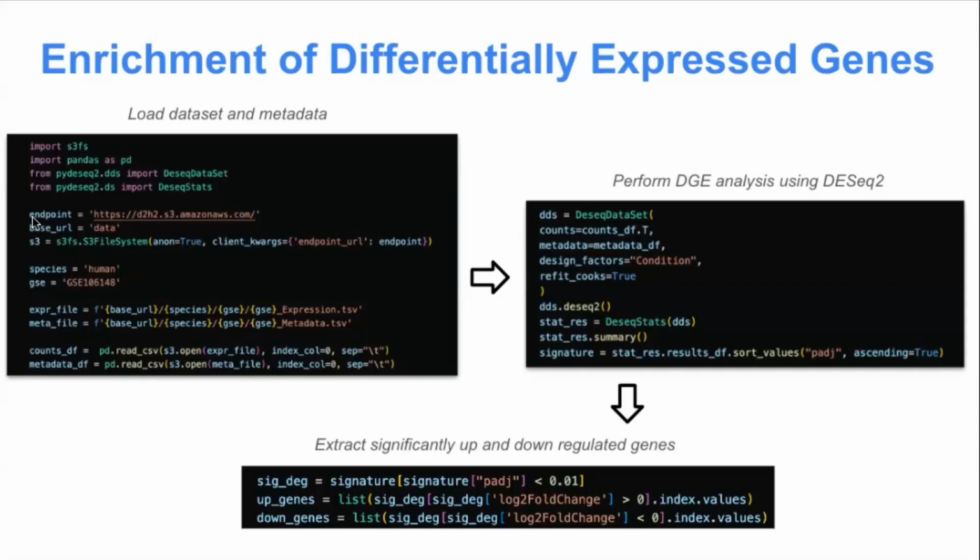Firstly here, our data is stored in an S3 bucket, and for D2H2 it is given by this endpoint. And so we would use the s3fs package in order to load these files.